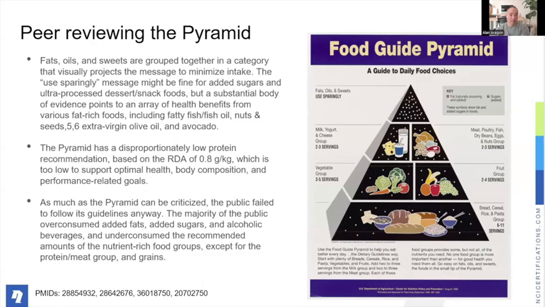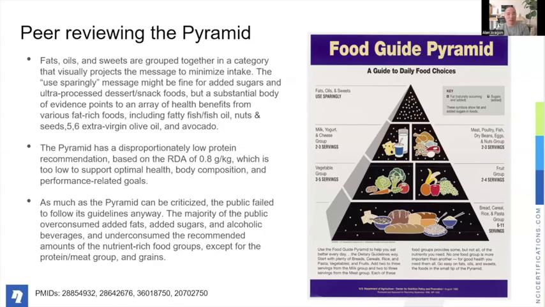So another point I want to make, it's important to remember, as much as the pyramid can be criticized, the general public failed to follow the guidelines. So the majority of the public overconsumed added fats, added sugars, alcoholic beverages, and the public also underconsumed the recommended amounts of the nutrient-rich food groups, except for the protein and meat group and grains.